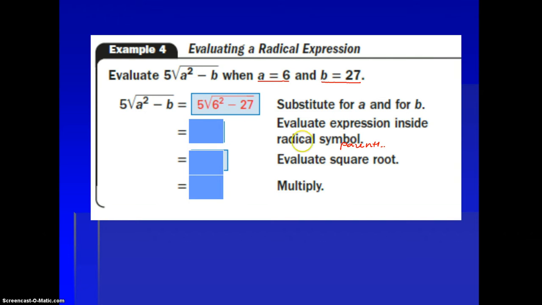Let's do this first. There's a square, so I'm going to have 36 minus 27. 36 minus 27 is 9. So now I have to evaluate the square root. What's the square root of 9? 3. 5 times 3, because remember, any time a number is next to parentheses, or in this case the radical symbol, this means multiplication. 5 times 3 is 15.